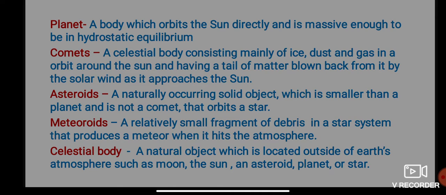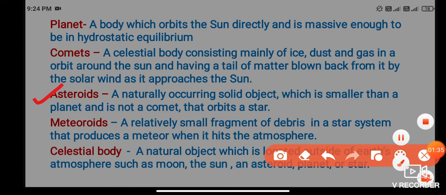And what are asteroids? A naturally occurring solid object which is smaller than a planet and is not a comet that orbits a star. That is known as asteroid. And what is meteoroids?